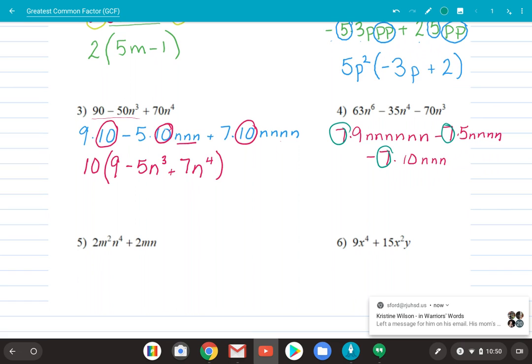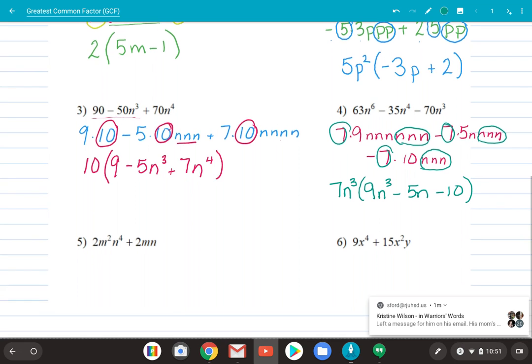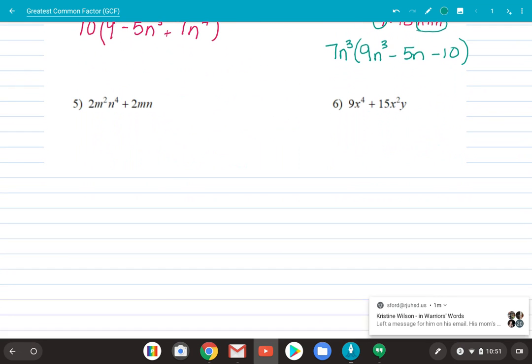And they all have n's, but we're looking at what the smallest one is. So we have 3 n's here, 3 n's here, 3 n's here. So we're going to go 7n cubed. And then what we have left goes back inside the parentheses. And that's your answer.